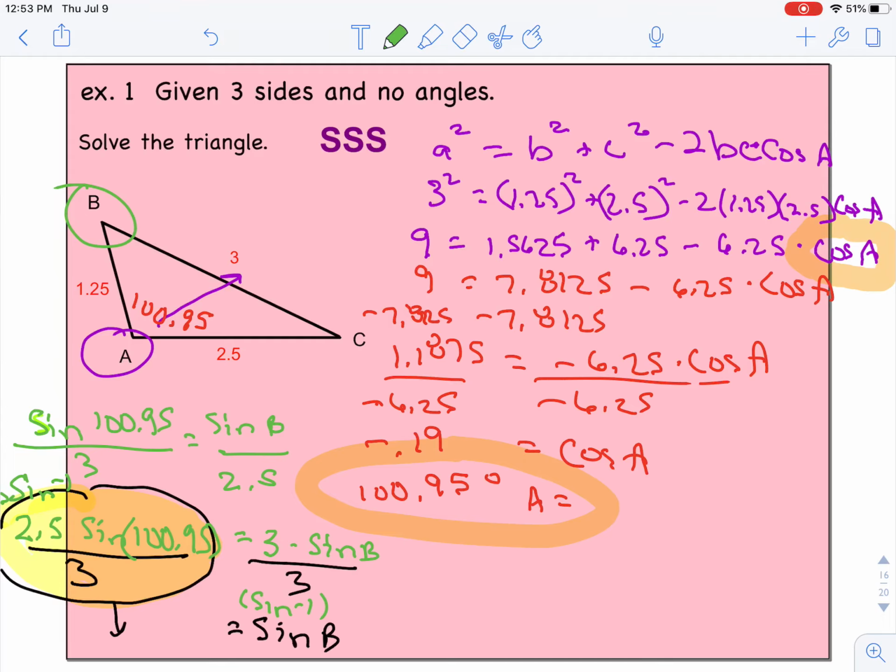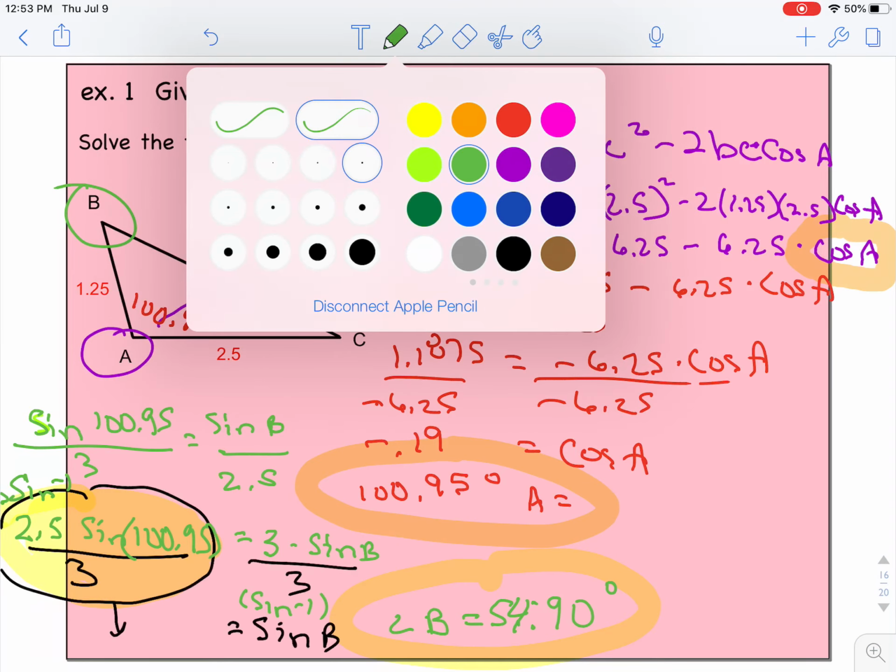Some calculators are different, but I'm going to take the inverse sine of 2.5 times the sine of 100.95, close my parenthesis, hit divided by, and then 3. And that should give me 54.90. So angle B equals 54.90 degrees.